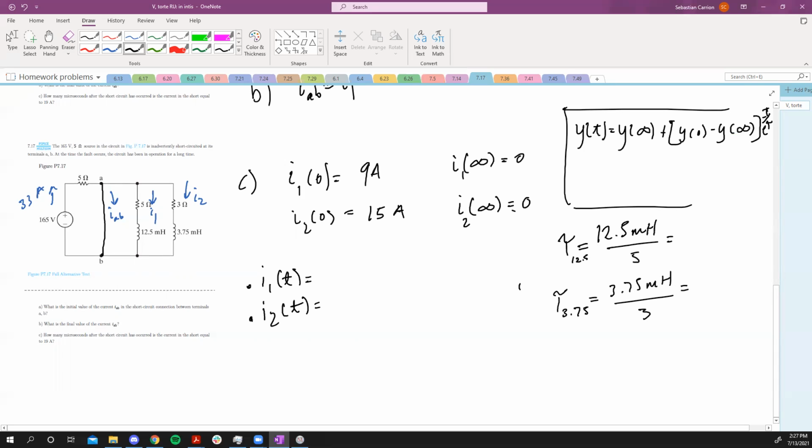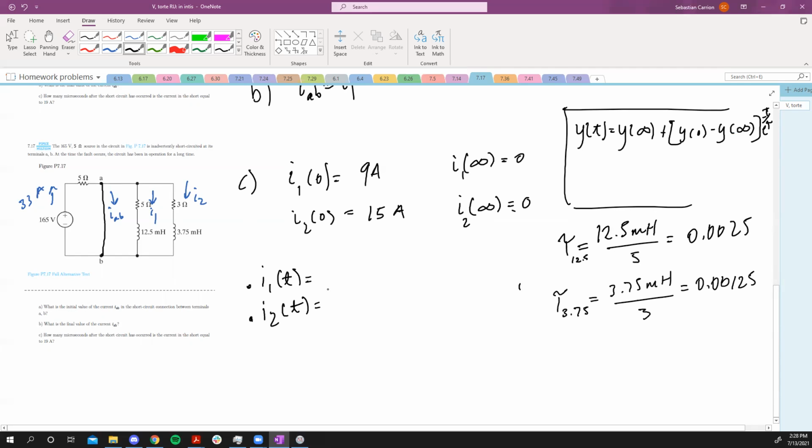If we plug these into a calculator, this is going to be 0.0025, then 0.00125.